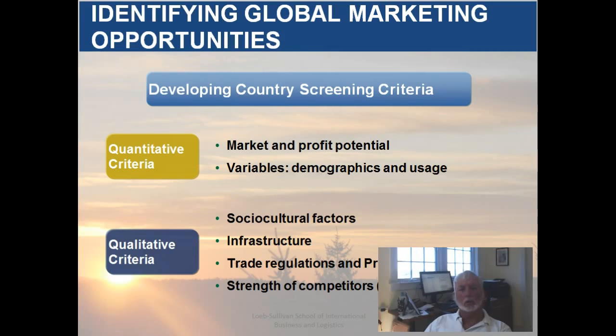I'm going to go through a little exercise that I did when I decided to open a market for a European company in the United States, trying to figure out market potential. And then what kind of variables are out there in terms of demographics and usage of my product. So I was bringing mountaineering gear to the United States.